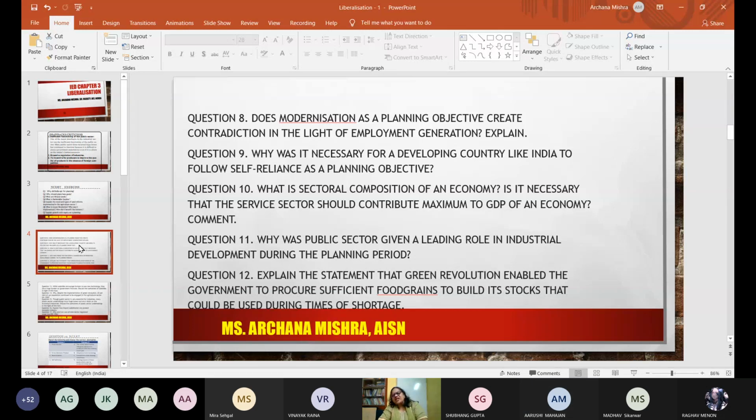That's right. So modernization is a contradiction because the workers are getting replaced with the help of technology. At just one click of a mouse, you can do the job of 50 workers, 100 workers, children. So where is the unemployment then?